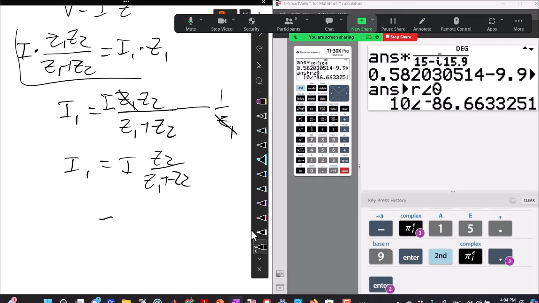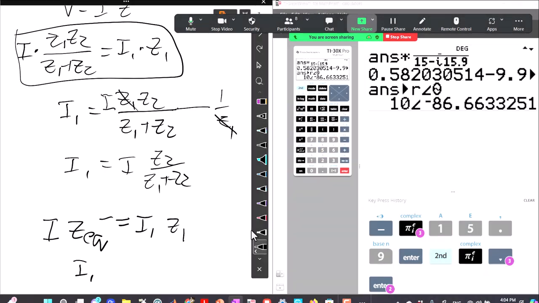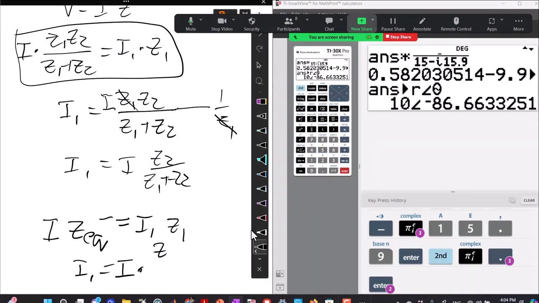I'm going back to this equation. So I times Z equivalent equals I1 times Z1. And so I1 equals the total I times Z equivalent over Z1.